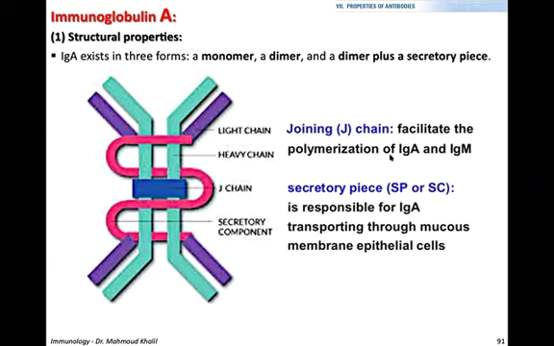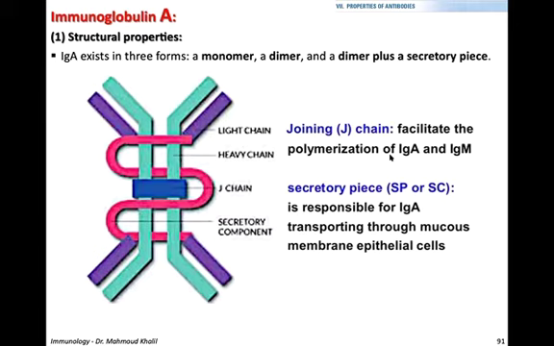You can see here how the dimer plus the SP domain is integrated to form the final structure of the IgA.